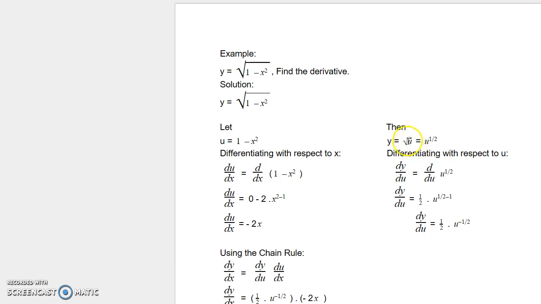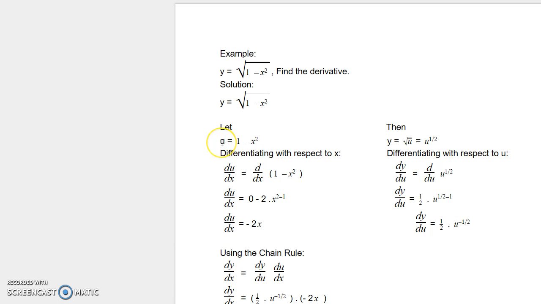We can express the radical term as an exponent: square root of u we can write as u to the power of 1/2. We want to do that because we can then use the power rule to simplify it. We have two functions now.